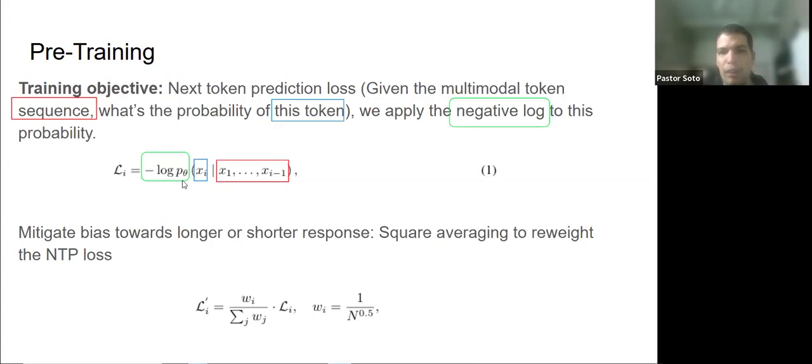And you apply the negative log probability to that, and you want to minimize that. So this is the next token prediction loss. And to mitigate bias toward longer or shorter responses, they use a square averaging to reweight this, to avoid having bias toward longer or shorter responses.